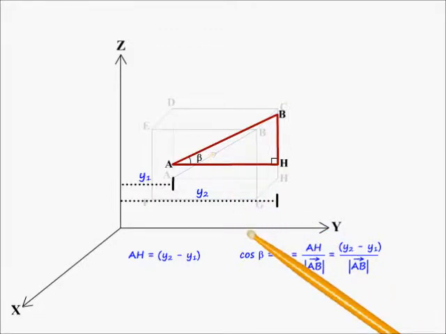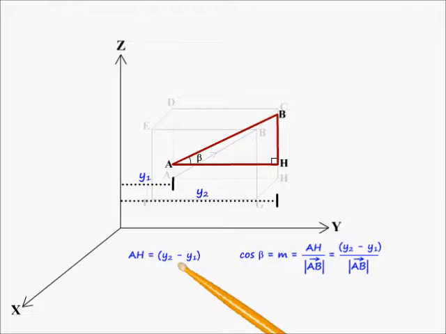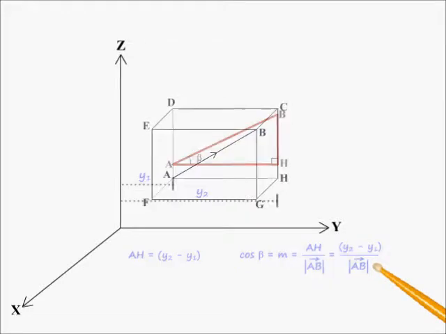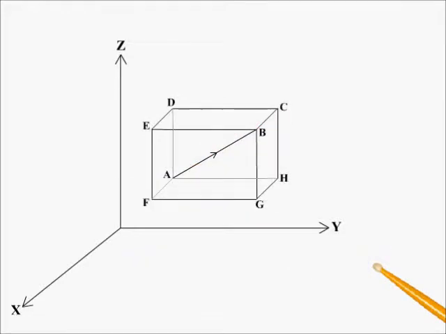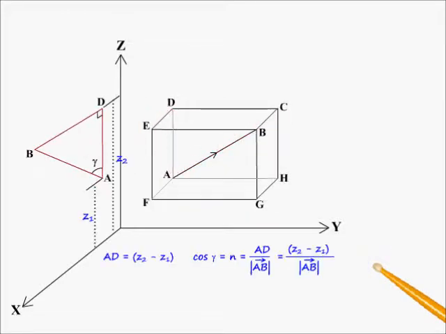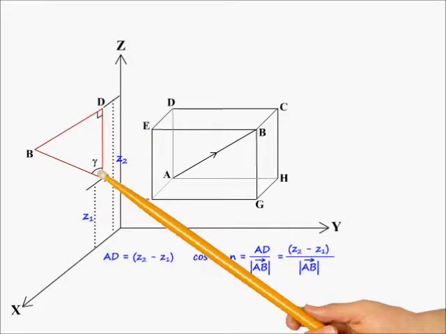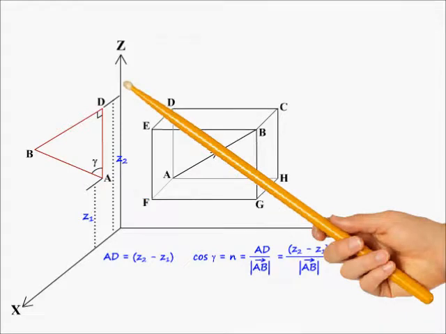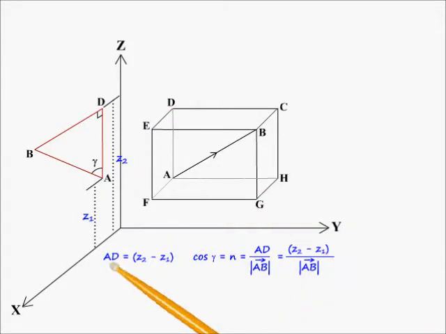Here AH is y2 minus y1 and cos beta is equal to y2 minus y1 divided by mod AB. We also bring triangle ADB outside, then angle BAD equals gamma, which is the angle that vector AB makes with the z-axis. Here AD is equal to z2 minus z1 and cos gamma equals z2 minus z1 by mod AB.